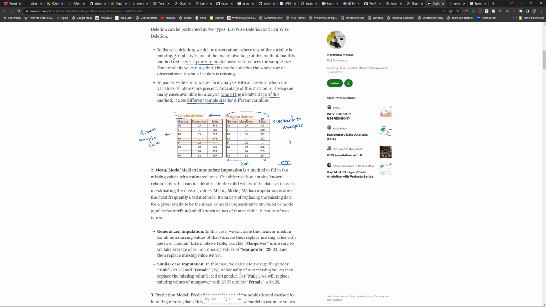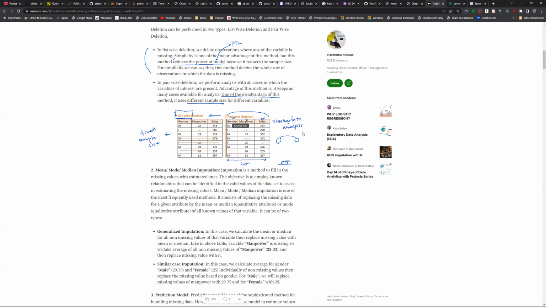Correct. In terms of machine learning approaches, losing this power of the model is going to be critical. But if we're only focusing on traditional statistics, like understanding the relationships in the model, we usually prefer the list-wise deletion compared to the pairwise, because the pairwise only allows us a kind of univariate analysis, a one-to-one kind of testing.